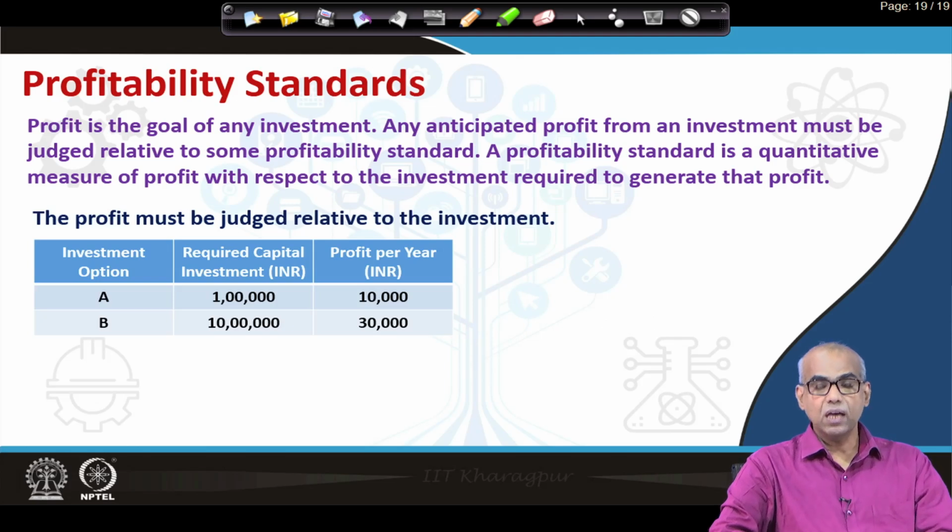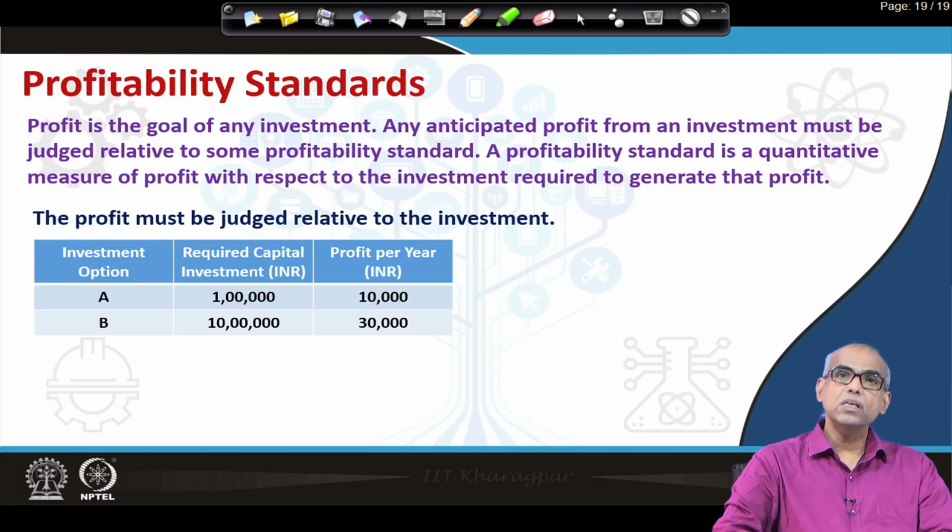The profit must be judged relative to the investment. What you see in the table is two investment options A and B. The required capital investment for option A is 1 lakh rupees and that for B is 10 lakh rupees. The profit per year for option A is 10,000 rupees and profit per year for option B is 30,000 rupees.